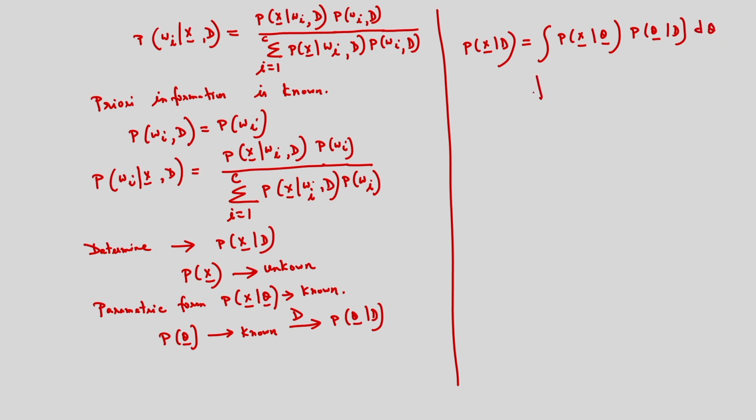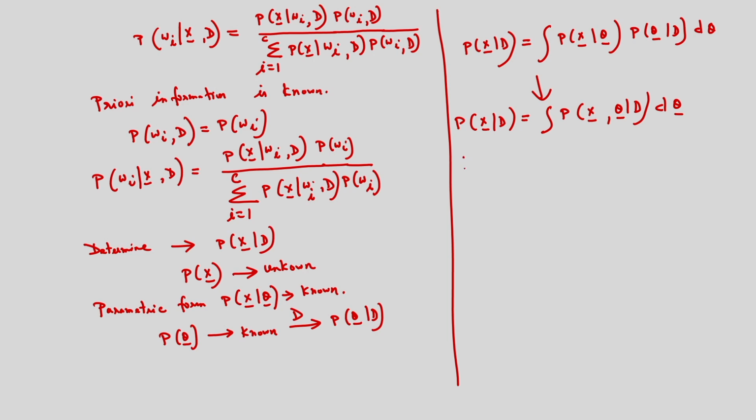So the probability of x given D is the integral of the probability of x, theta given D, d theta, and that is available.